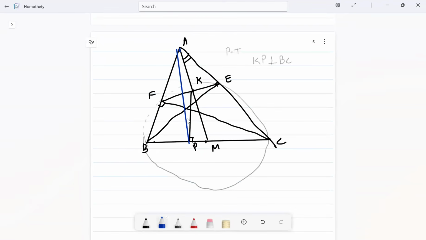Shouldn't KP go through H? KP does not pass through H because then this would have to be the foot of altitude from A. Oh, K, H would be collinear, yes, it was the same.